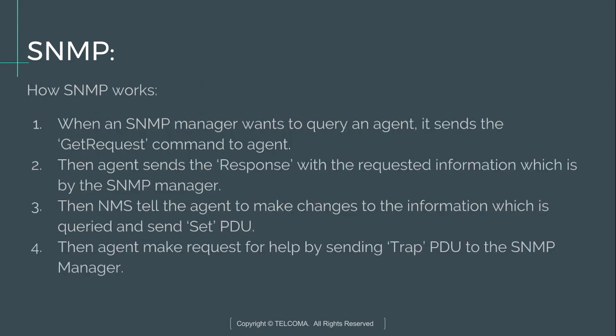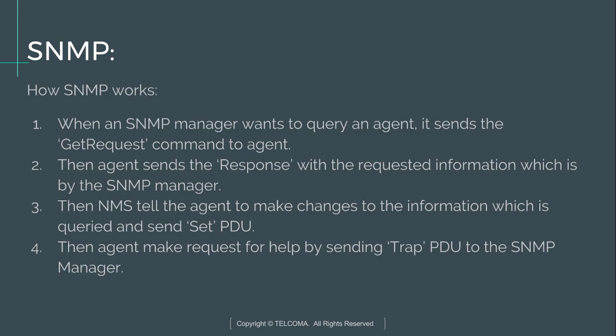Now, how do these functions work over SNMP? When an SNMP manager wants to query an agent, it sends the get request command to the agent. Whenever it wants information from the agent, it sends the get request. Then the agent sends the response with the requested information. It adds the requested information into the response command, which is sent to the SNMP manager.